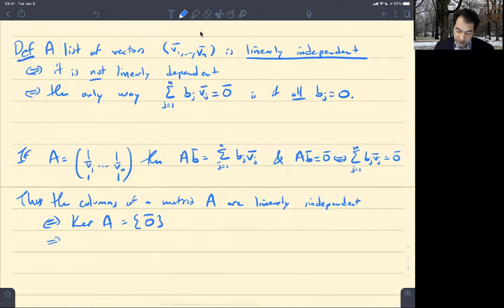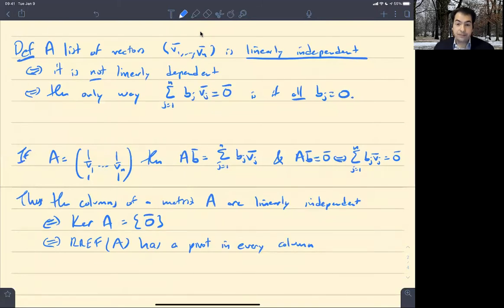It's the same as saying that the reduced row echelon form of A has a pivot in every column, right? A is injective, right?